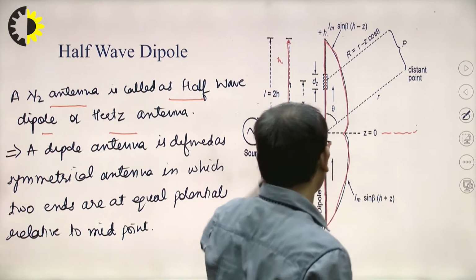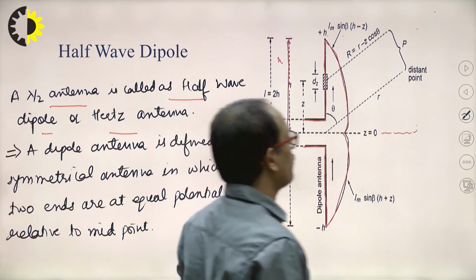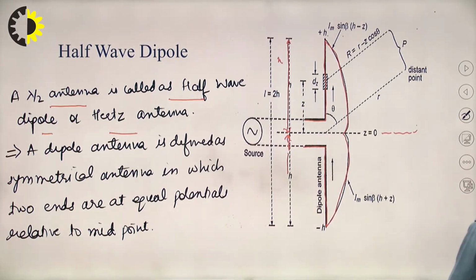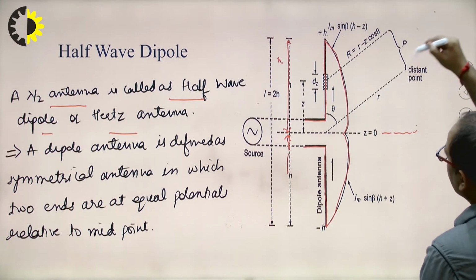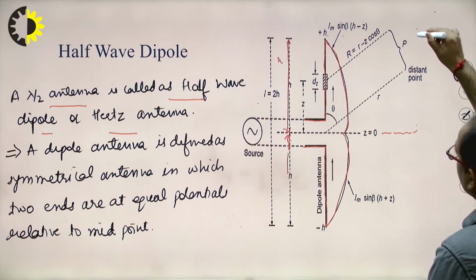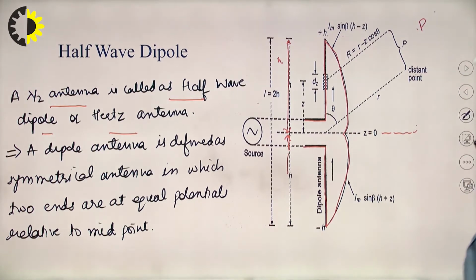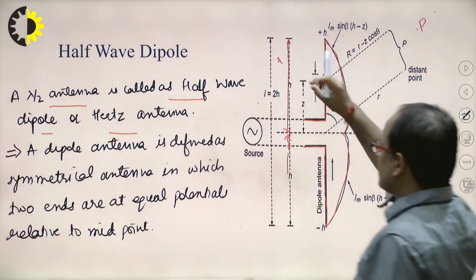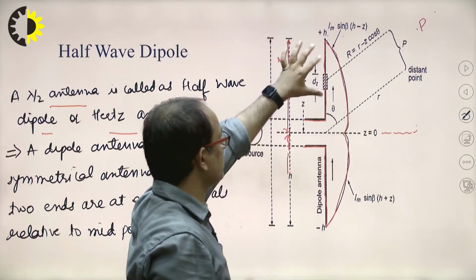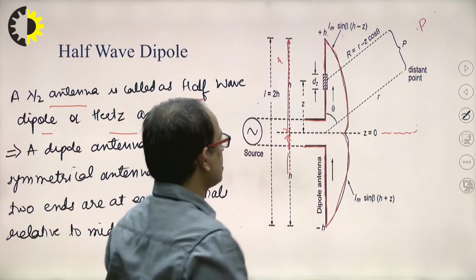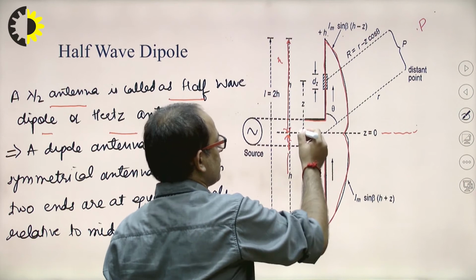Now if I want to calculate the power radiated by the dipole, first I will calculate the fields radiated by the dipole, the field obtained at point P. So let's take a small length of this dipole, known as dz, at a height z above the ground.